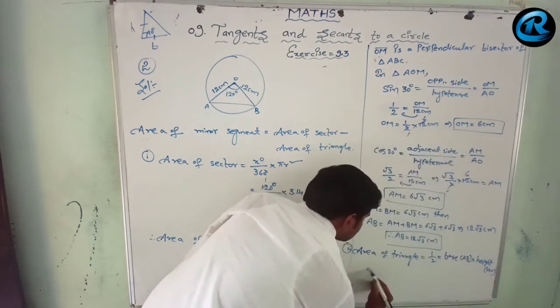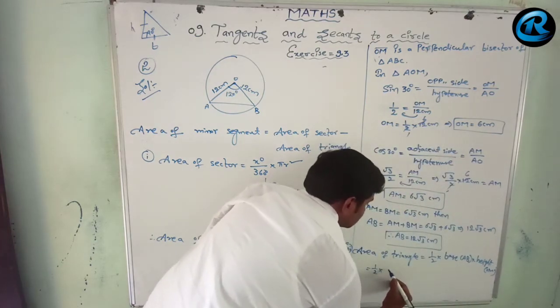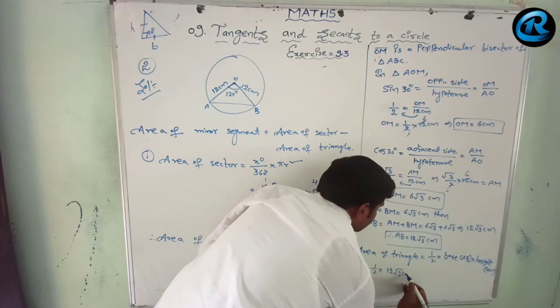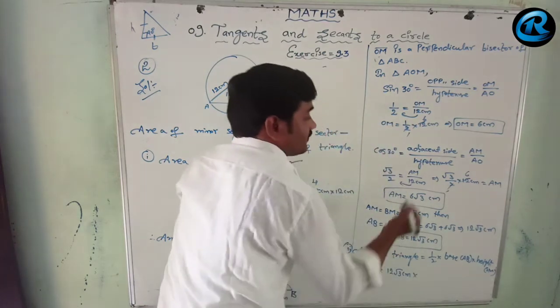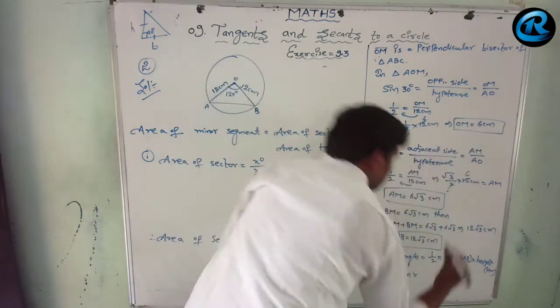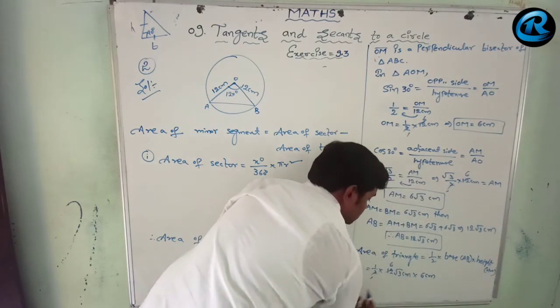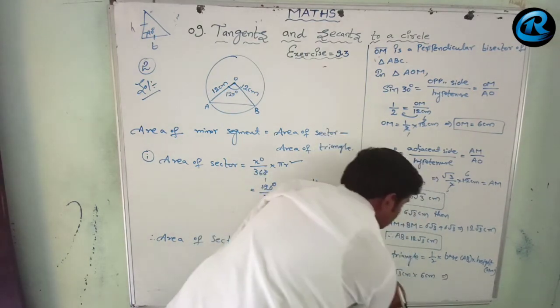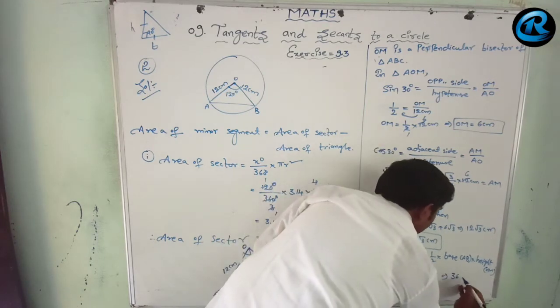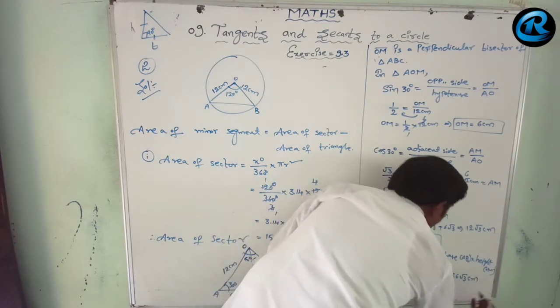Let us substitute the values. 1/2 into base 12 root 3 centimeters into height, it is OM 6 centimeters. 2 ones are 2, 6 are... Then 6 into 6 is 36 root 3 centimeters.